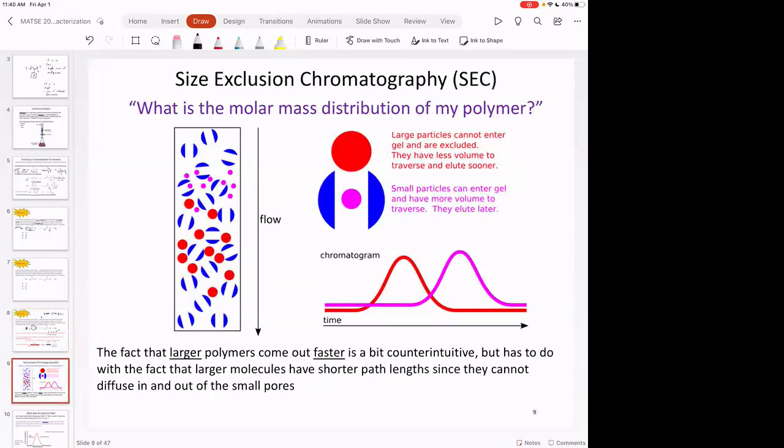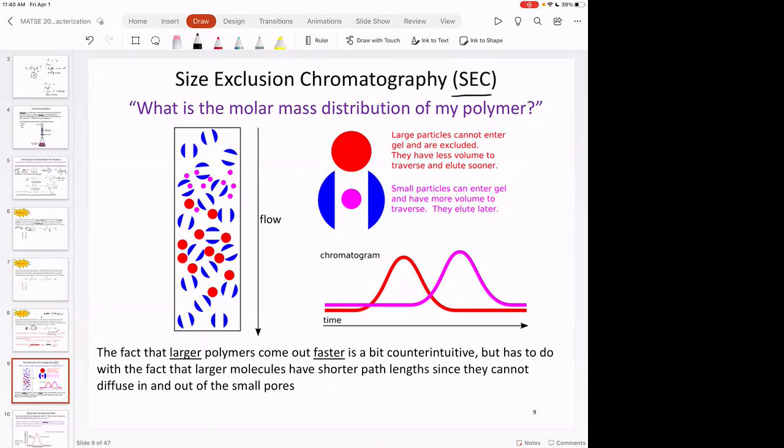All right, we're going to move on to size exclusion chromatography, and this is a really important concept that will serve you well in your future polymer career. And this is covered in detail in advanced polymer classes because this is so important. This is the gold standard for characterizing molecular weight of polymers.